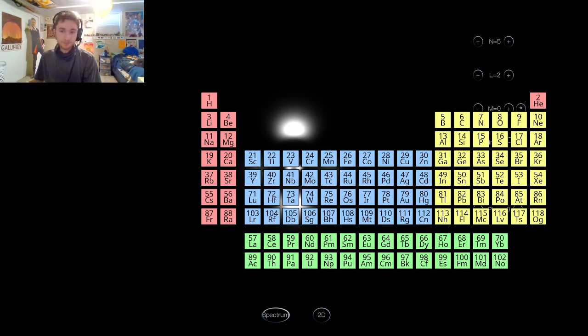L3 has the d orbital, which is the blue, and it has all of those. And then 4 is f orbitals, and it will go on, but I don't even think it's possible to have orbitals higher than that. It's nowhere on the periodic table, but f will have all of those.